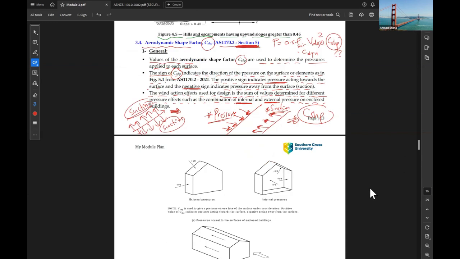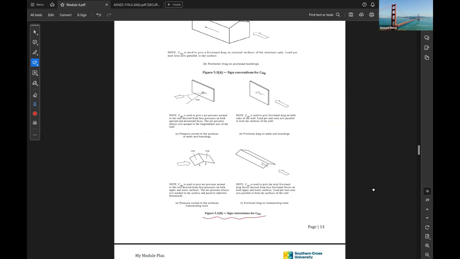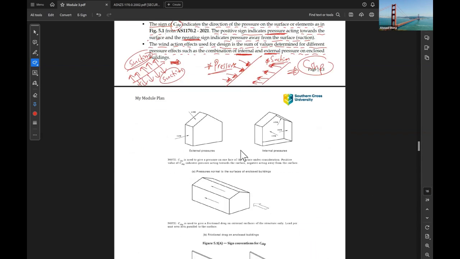The sign convention of C shape is given in figure 5.2b in the Australian standard for wind. The main thing we need to know is that for external pressures, the positive sign indicates pressure and the negative sign indicates suction.